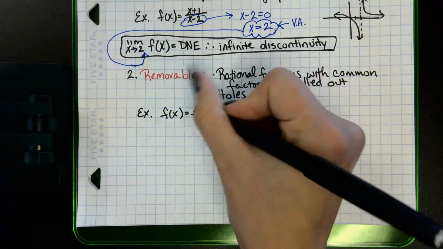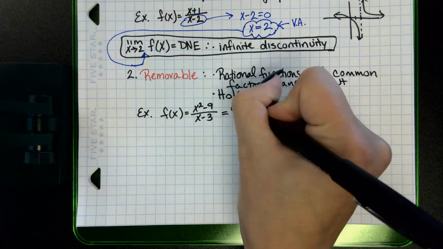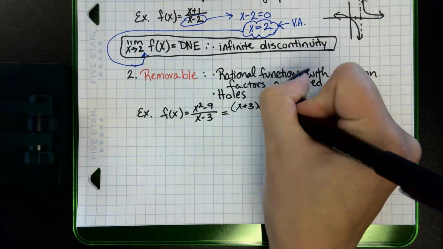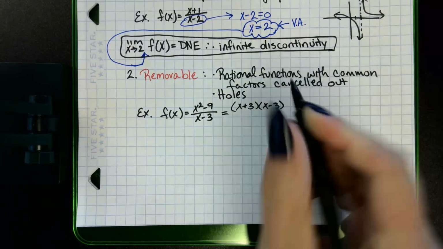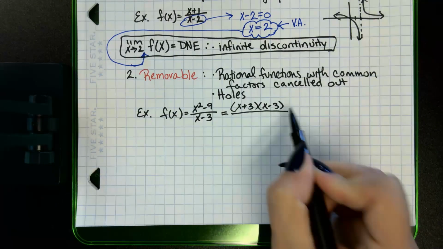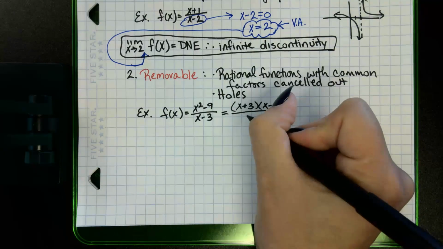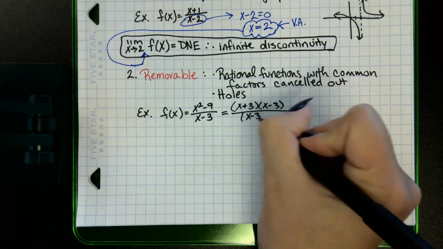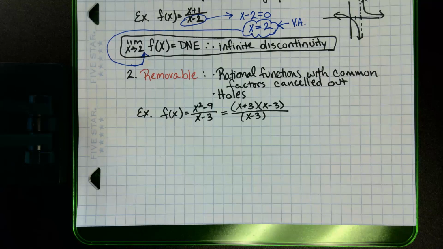So I can factor x squared minus 9 into x plus 3, x minus 3. And then x minus 3 is what's in the bottom. If I factor the top, now I have a common factor in the top and the bottom.